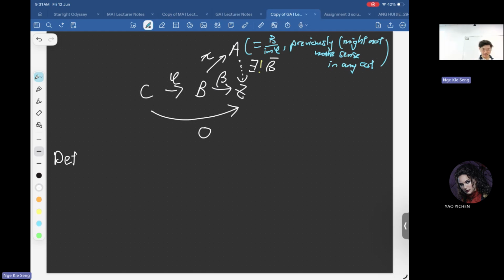Okay, so one concept is monomorphism. Last time we saw monomorphism as a limit, right? Limit of some diagram in some category.